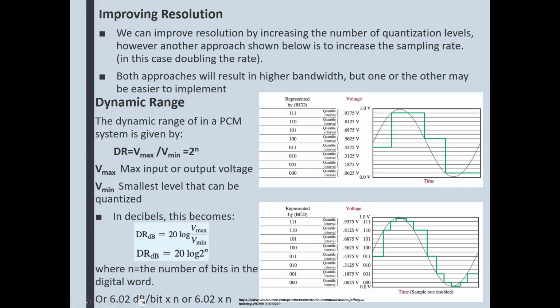What's half voltage when it comes to dB? You lower the number of decibels by 6 in order to get half voltage. So that's where the 6 comes from. And this is a 20 because you're dealing with voltages. If we were dealing with power, but we're not, it would be 10.